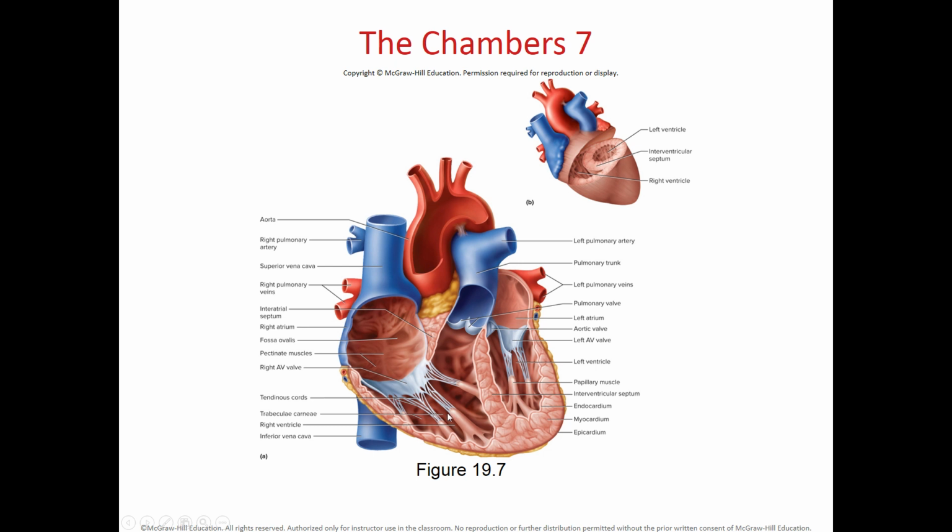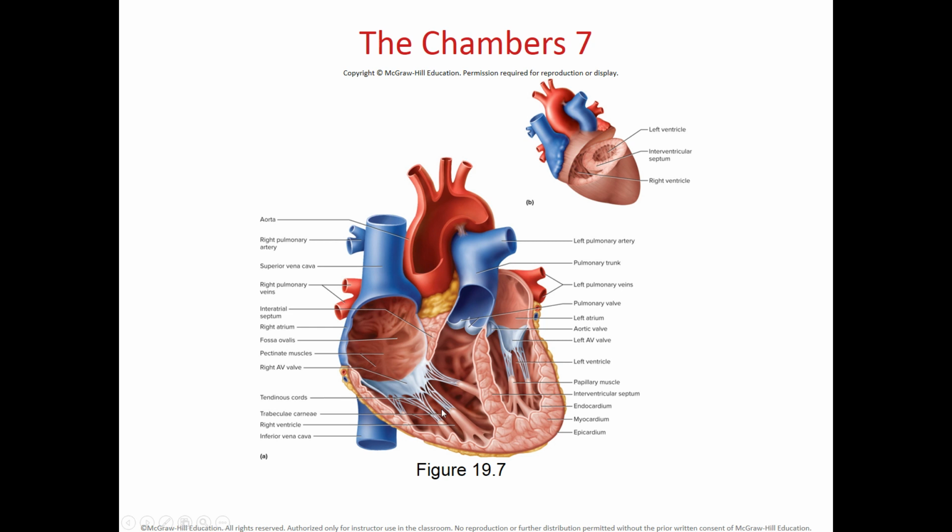These papillary muscles help to hold this cord of strings, which are known as chordae tendineae or tendinous cords. These tendinous cords hold the flaps or the cusps of the valves, preventing them from staying within the atria after the ventricles have contracted.